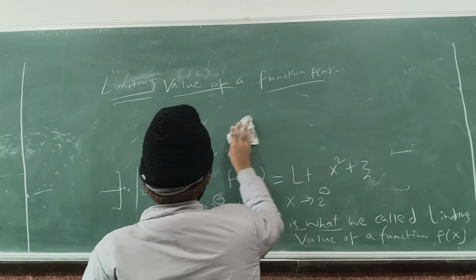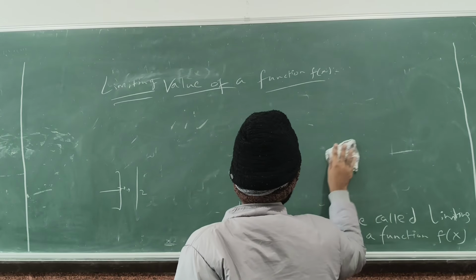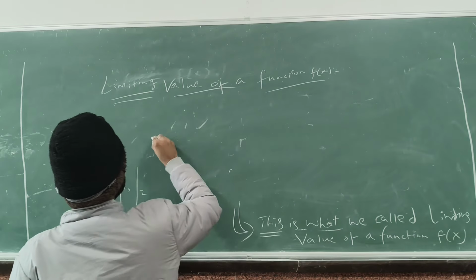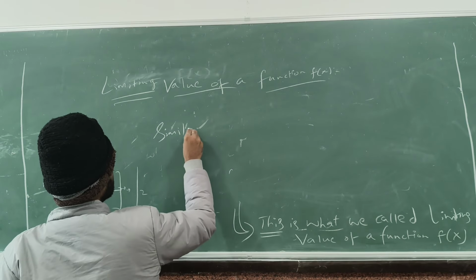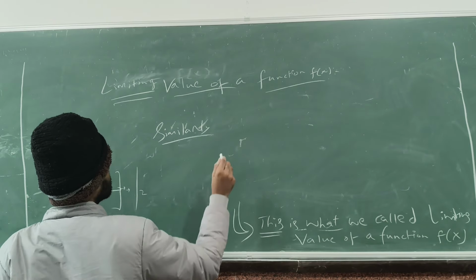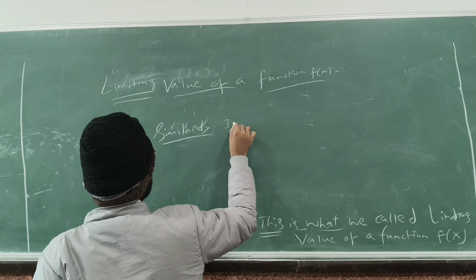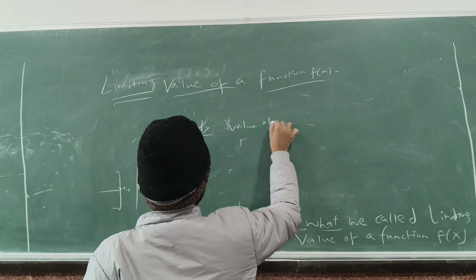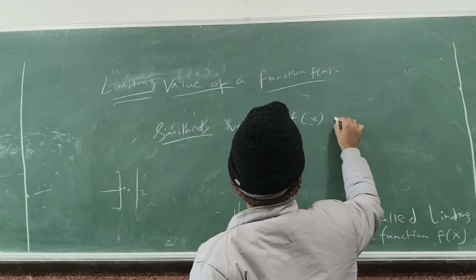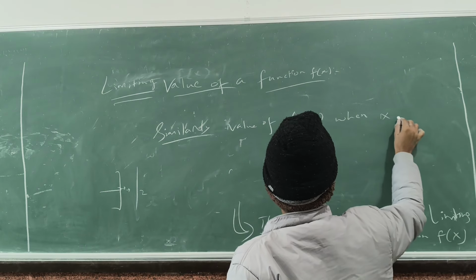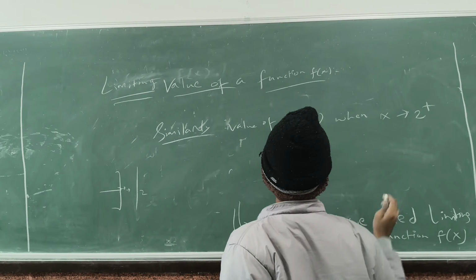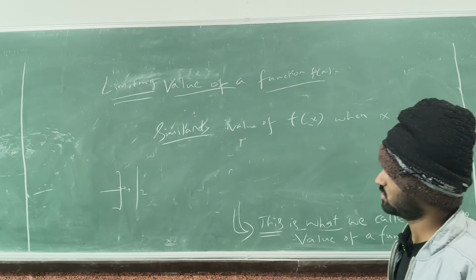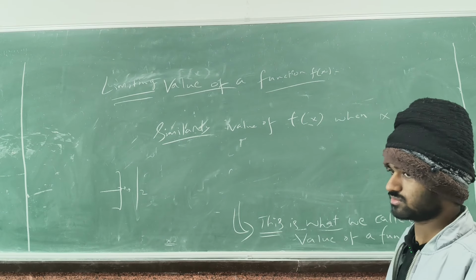So similarly, if you consider the value of x when x tending to 2 plus, means x is approaching from the right side of the 2 towards 2.